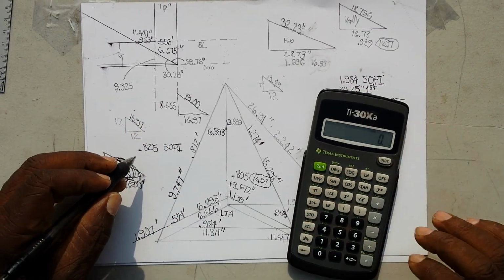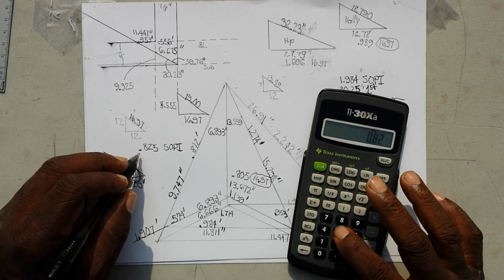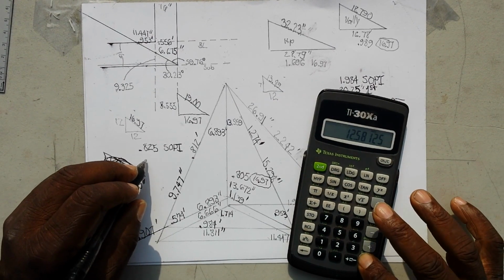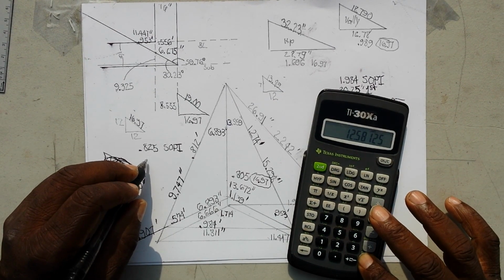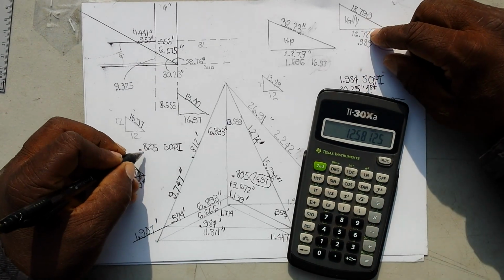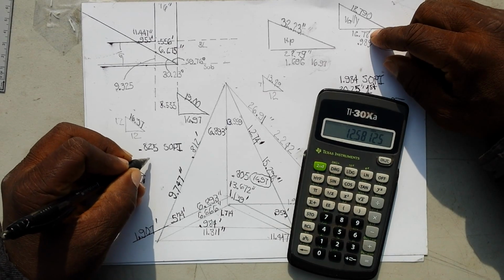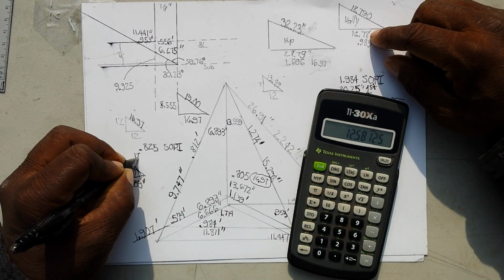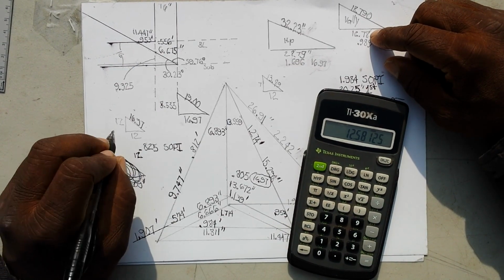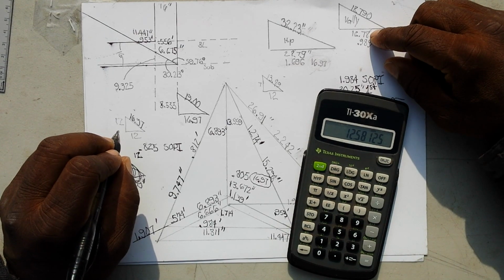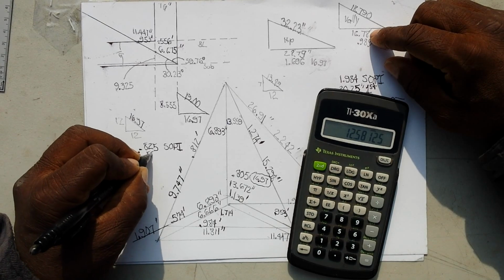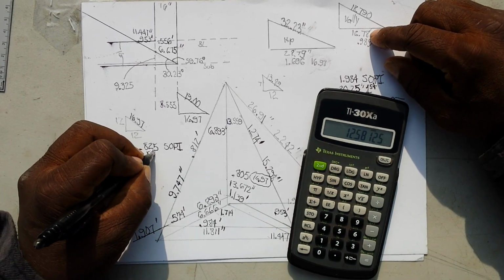We take that number, 0.825, and we multiply it by 15.25 equals. So the first rafter, the difference from the king common, is going to be 12.58 inches.